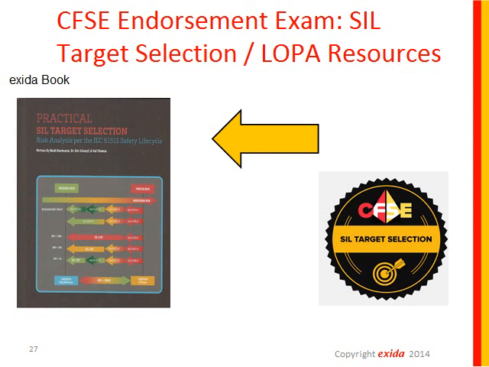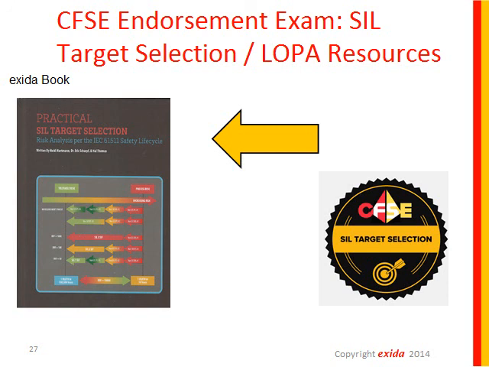So I hope you're getting a picture of what this is about. It's specific, detailed tasks, like SIL target selection and LOPA. There's 40 questions on this subject, not the typical 5 or 10 that you might get in a CFSE exam. So obviously this is more in-depth. The endorsement exam is more focused on more recent developments.